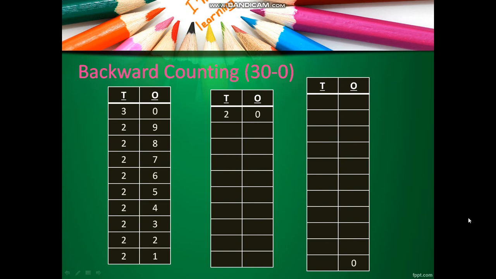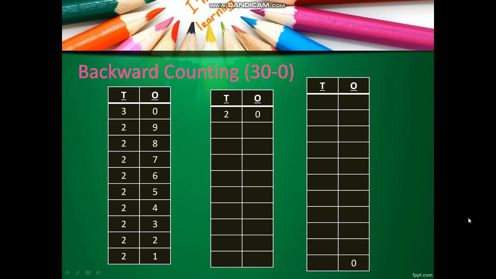Whenever we have a two-digit number, we write one digit under the ones column, then the other digit under the tens column. And whenever you have a single-digit number, we always write it under the ones column. Here you can see that the counting from 30 to 20 is written in a backward manner.